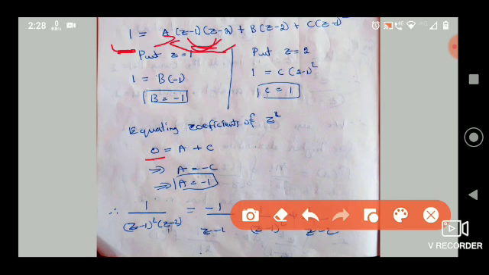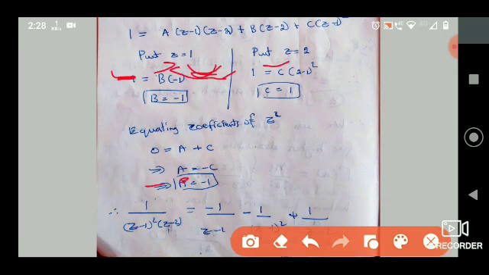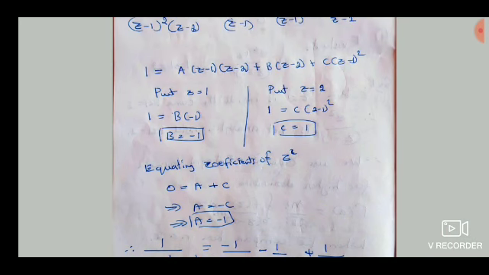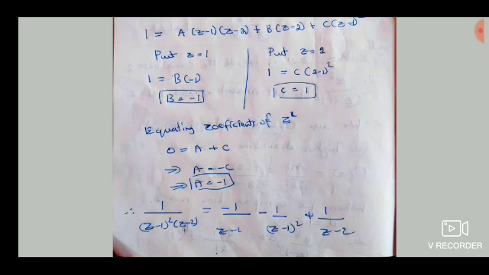In the second term there is no z square, only z, so we get 0 there. And in the last term, c into z minus 1 whole square, you use the a minus b whole square formula, so you will get z square. So the coefficient will be c only. So 0 is equal to a plus c, therefore a is equal to minus c. We know the value of c is 1, so a will be minus 1. We'll substitute that and find the partial fraction.